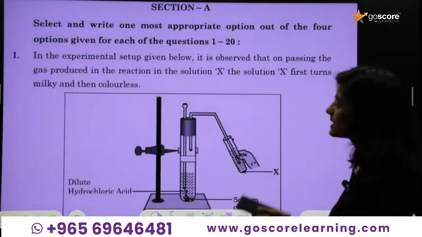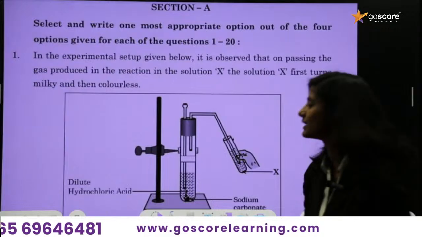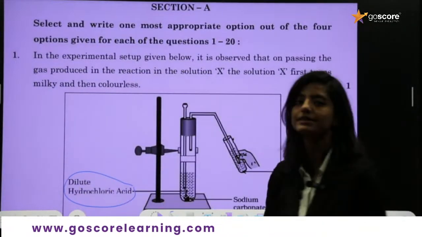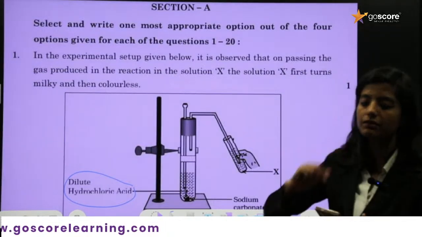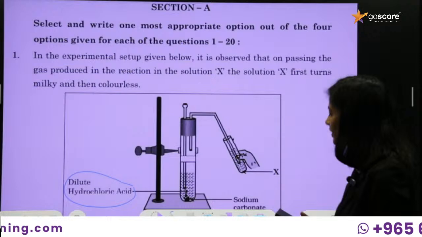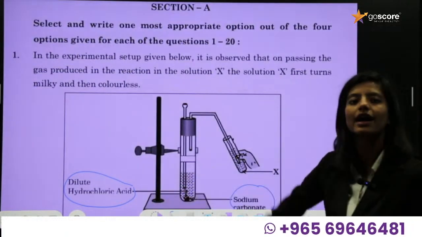The first thing that I notice is the dilute hydrochloric acid in the test tube. Then I have the sodium carbonate along with the hydrochloric acid.